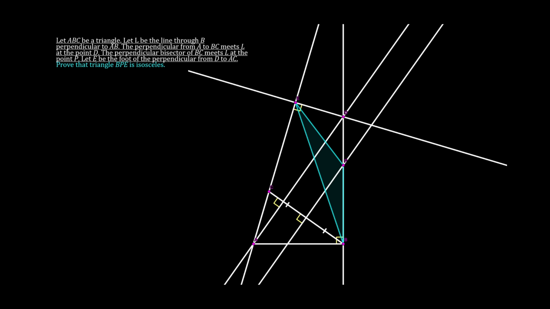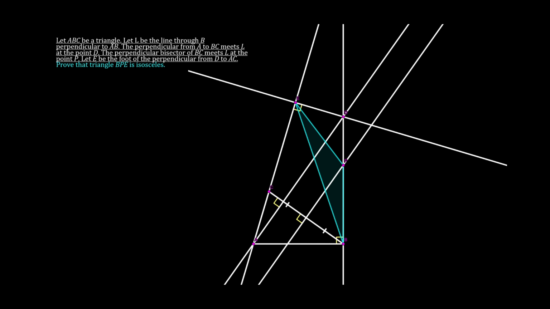And to do a question like this, you want to prove something that is easier, that is sufficient to prove the claim. So for example, we want to prove something that would be sufficient to prove that the triangle BPE is isosceles. So we're kind of working backwards to make the question easier.